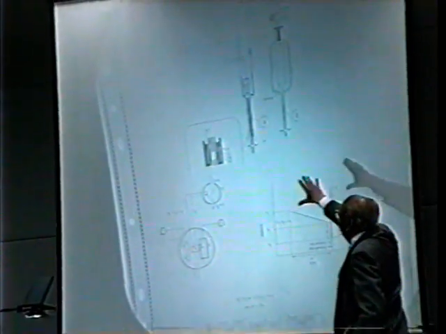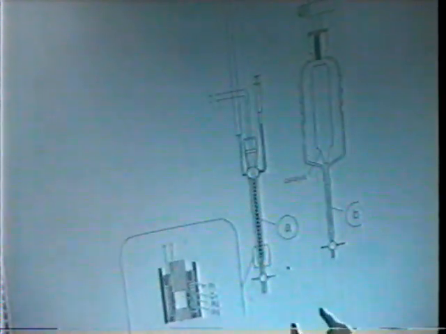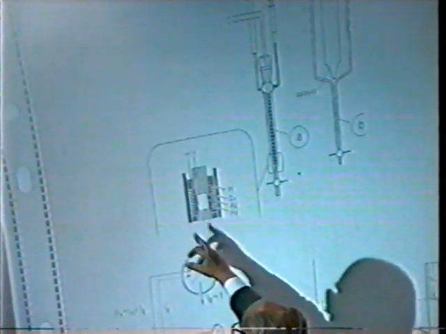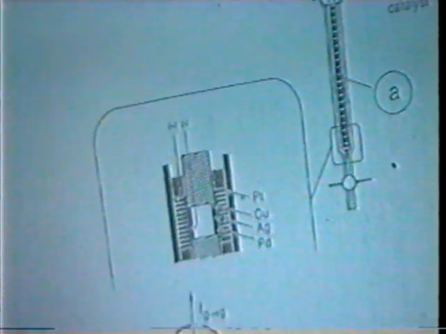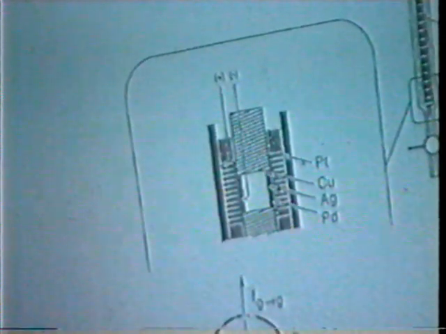First, we have to look at our setup. You have here the electrode arrangement, in which you have copper tubing covered first with silver and then coated with palladium, and a tightly bound coil representing the platinum counter electrode.